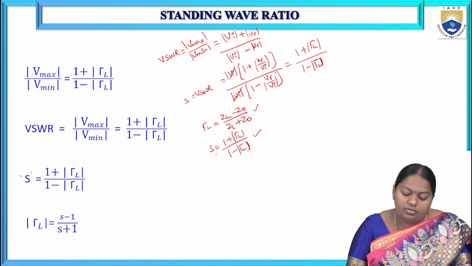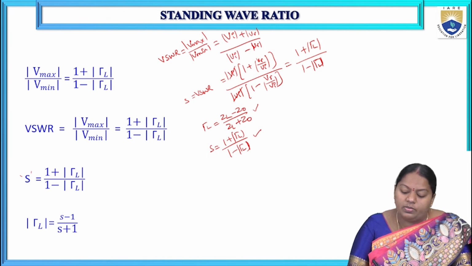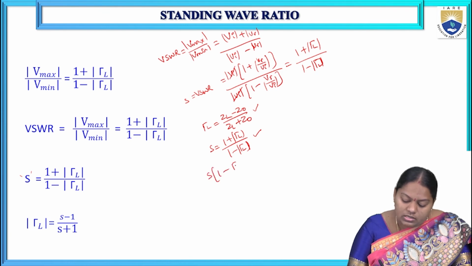So now, how can we relate gamma L in terms of S and S in terms of gamma L? S in terms of gamma L means S is equal to 1 plus gamma L by 1 minus gamma L. Now we are going to define gamma L in terms of S. By cross multiplying, S times 1 minus modulus of gamma L equals 1 plus modulus of gamma L. So S minus S gamma L equals 1 plus gamma L, right? Now separate the reflection coefficient like this.